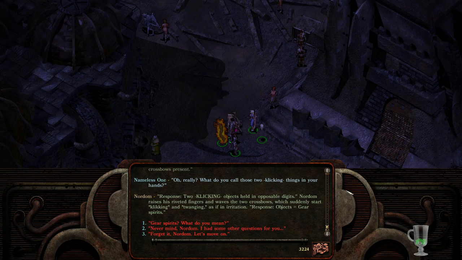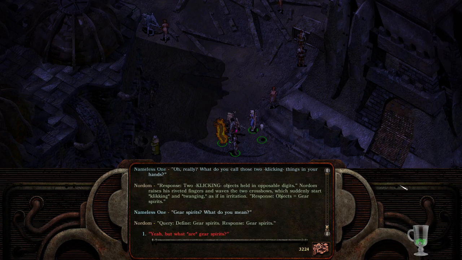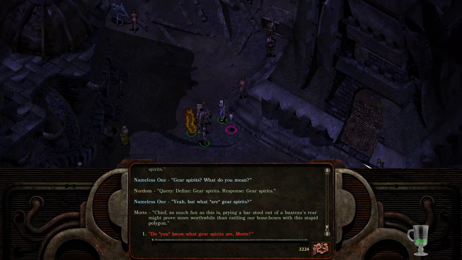Response: two clicking objects held in opposable digits. Nordom raises his riveted fingers and waves the two crossbows, which suddenly start clicking and twinging, as if in irritation. Response: objects equals gear spirits. Gear spirits. Query: define gear spirits. Response: gear spirits. Yeah, but what are gear spirits?